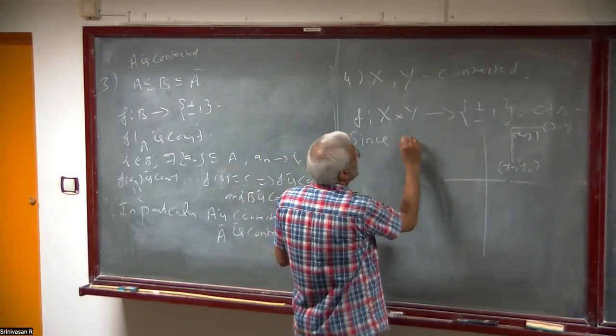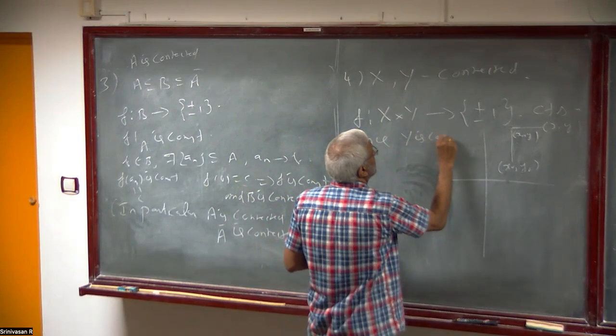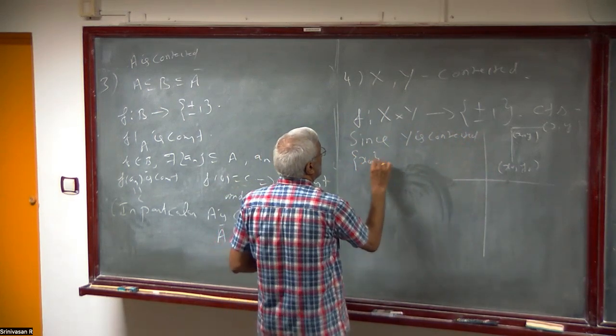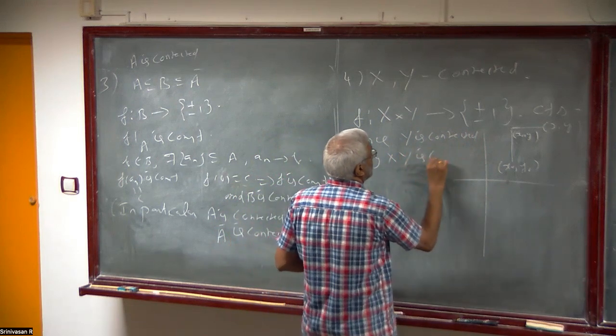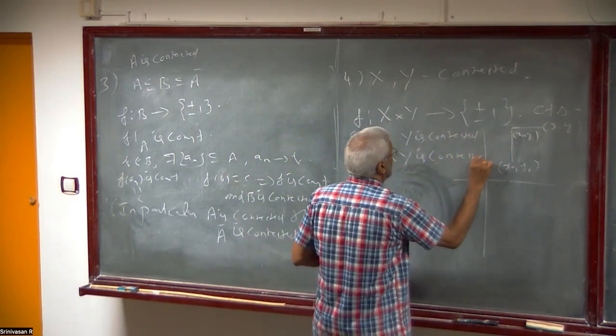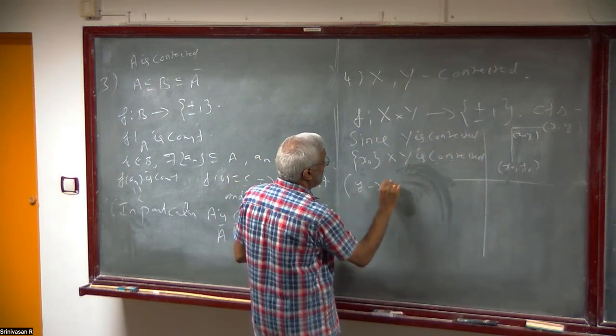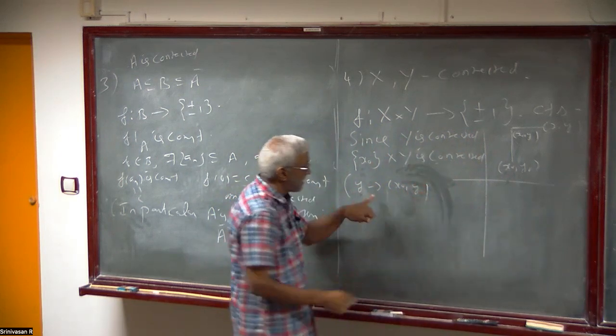Since Y is connected, this one, X0 cross Y, is connected, right? Because the map y going to (x0, y) is continuous, right?